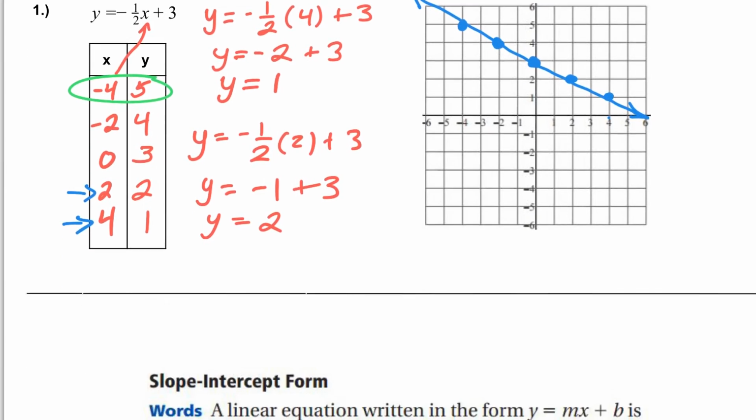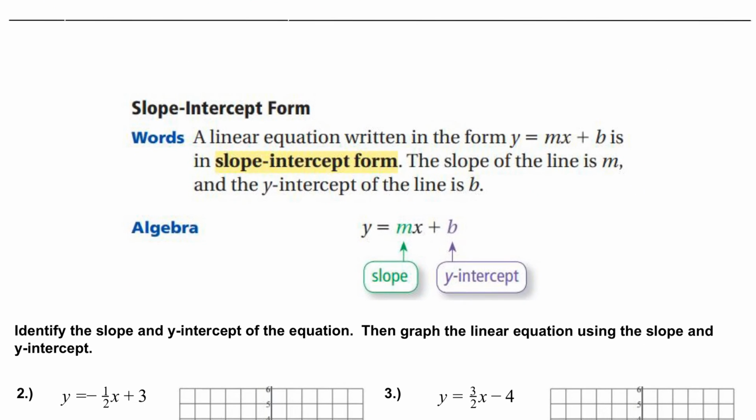All the equations that we've been working with thus far are in slope-intercept form. And slope-intercept form is in the form y equals mx plus b, where that m number, that number that's attached to x, represents our slope, or how steep our line's going to be, and b represents what we call the y-intercept.